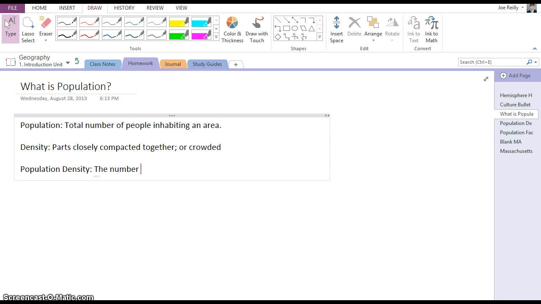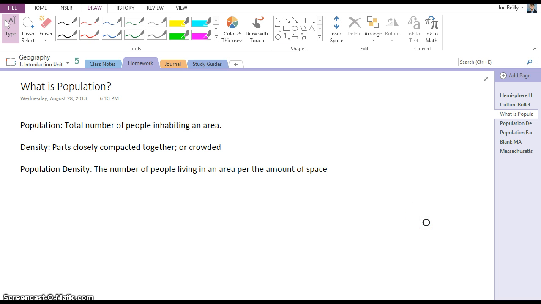The number of people living in an area per the amount of space. So, think about that. Do you think that a country with a small amount of space with a lot of people in it would have a high population density? Yes. And a country with a large amount of space and a small population would have a low population density.